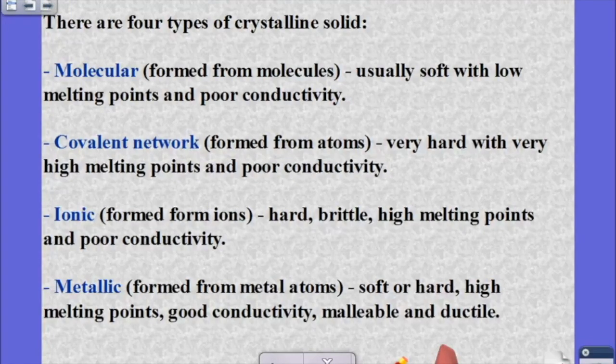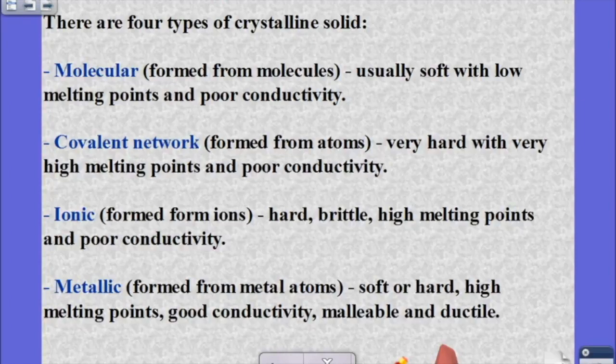There are 4 types of crystalline solids. Molecular, formed between molecules, usually soft with low melting point and poor conductivity. Another type is covalent network. This is a special type of solid. Very hard, very high melting point, poor conductivity.